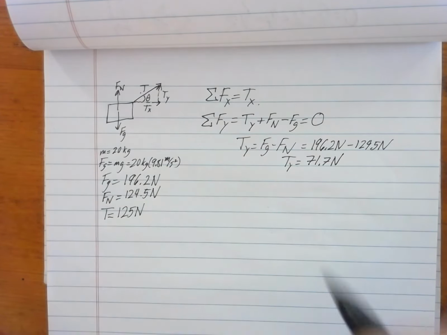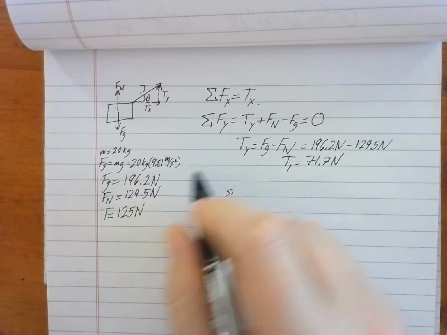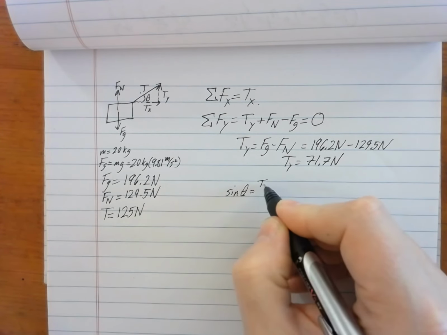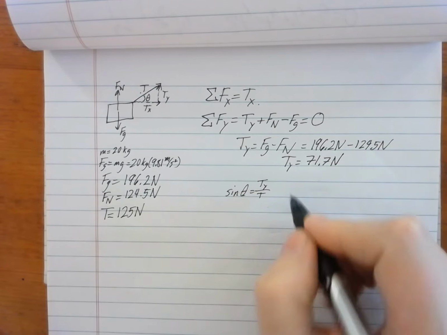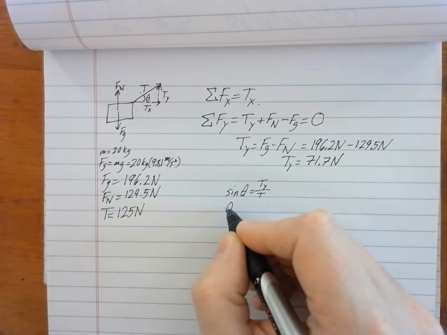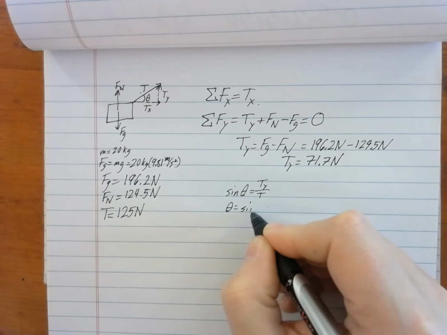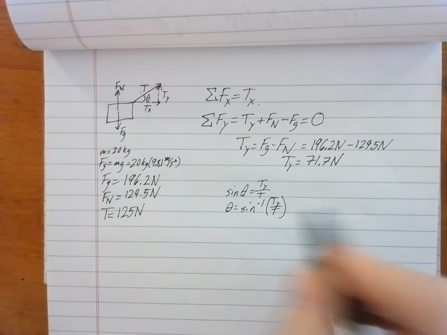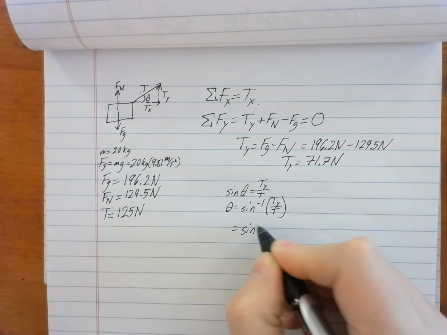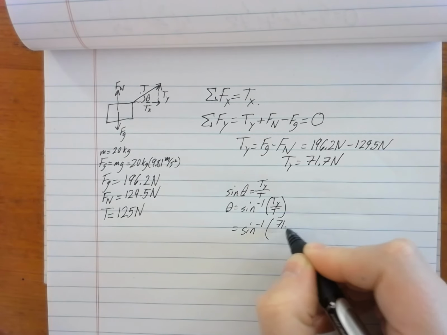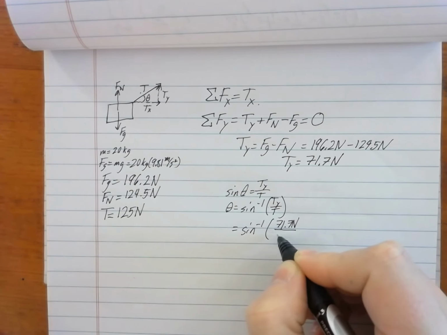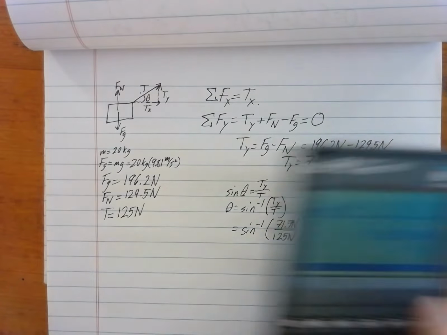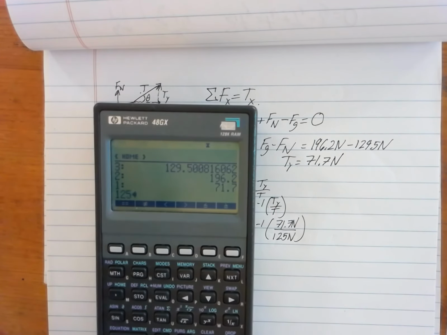We want to find our angle. So it's opposite, we're dealing with sine. Sine theta equals Ty over T. And so we're just going to plug in, we'll first solve for theta: sine inverse of Ty over T. Plug in our values, 71.7, 125.